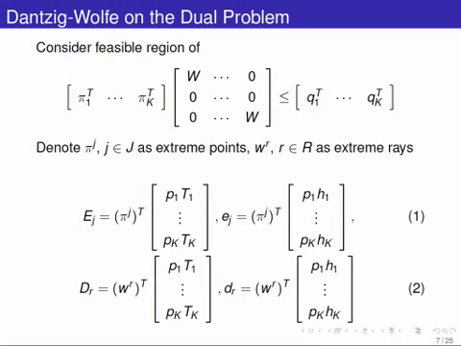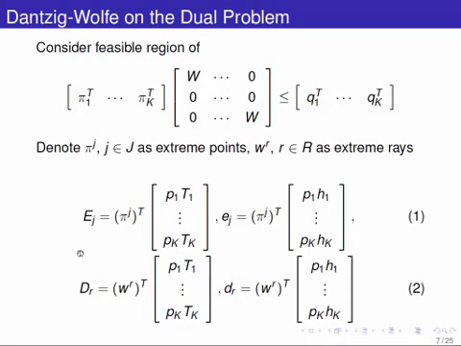What I'm going to introduce as a notation here is the following. This capital E subscript j matrix is extreme point j transpose inner product with these weighted T matrices. Little e vector is that same extreme point inner product with the weighted h vectors, and correspondingly for capital D and little d, instead of the extreme point, we have the extreme rays.